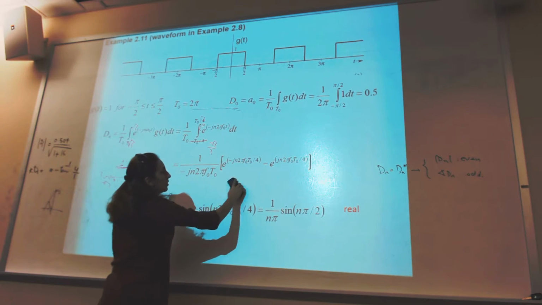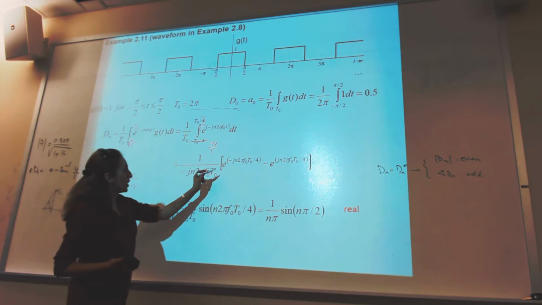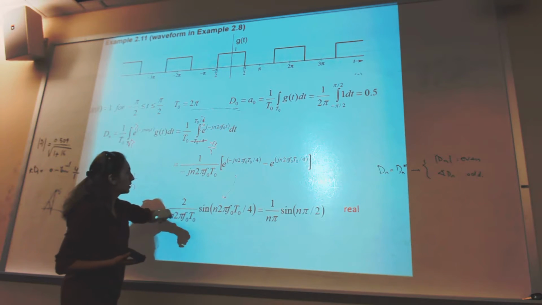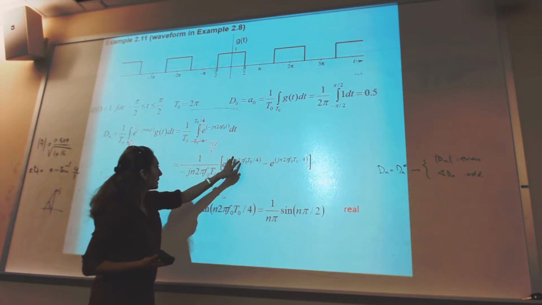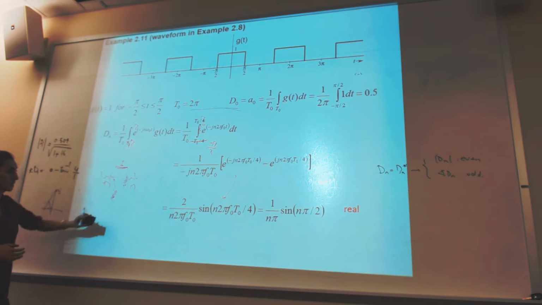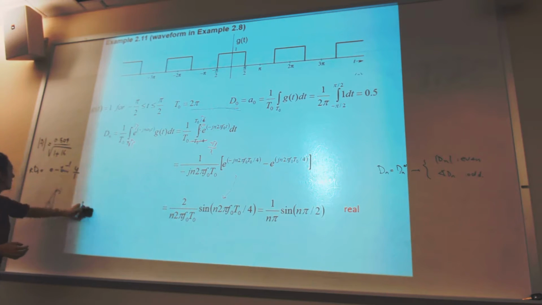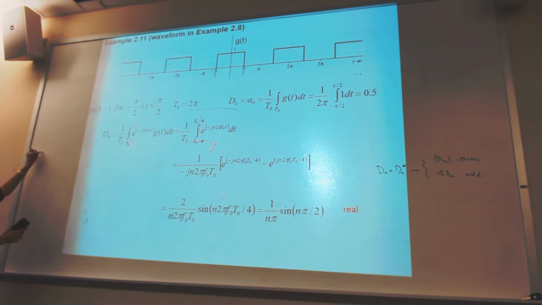Okay, so we come to this point. Now, at this point, we need a further step. e to the power of j something, and then e to the power of minus j something. That looks like a sine, right? Because we know that e to the power of j theta minus e to the power of minus j theta, divided by 2j, is sine.